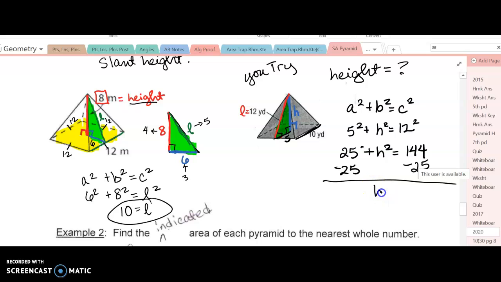And so h squared equals 119, square root it, and our height equals the square root of 119, which is approximately 10.9 for the actual height.